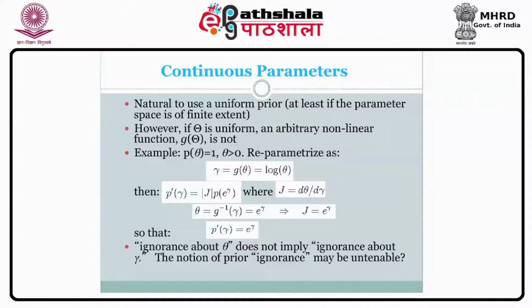So there is nothing wrong with taking the prior to be uniform, pi theta equals 1, in the case of a location family. But in the case of a scale family, it really matters. And that last example was in the case of a scale family, where the prior distribution for theta and the prior distribution for gamma really vary. Okay?